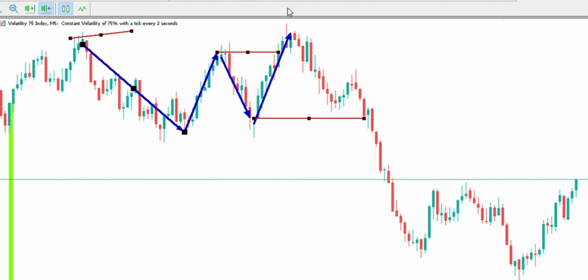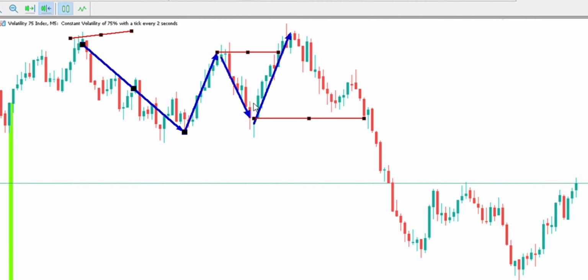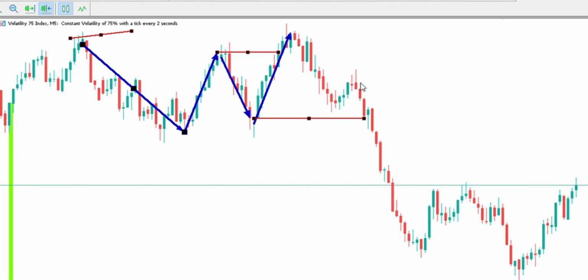If I'm going to make a video on demand and supply: if this market closes below this point, we will leave all these other things. So what can we do? We will focus on this point now. If this market sells, we are expecting it to retest, because the market moves with a pullback and retest, like ups and downs.